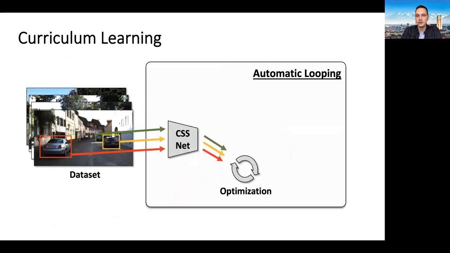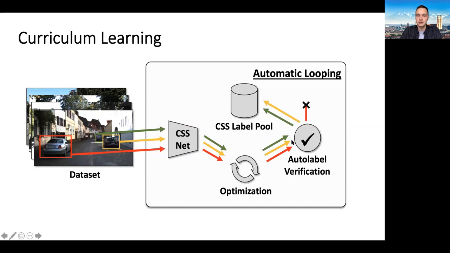The next thing you can also do, if you have this pipeline, is do this optimization on real images. And then you can do an auto-label verification. This can be a simple verification, like a bounding box comparison and things like this. And using this simple procedure, you can also check our repository later for the code.